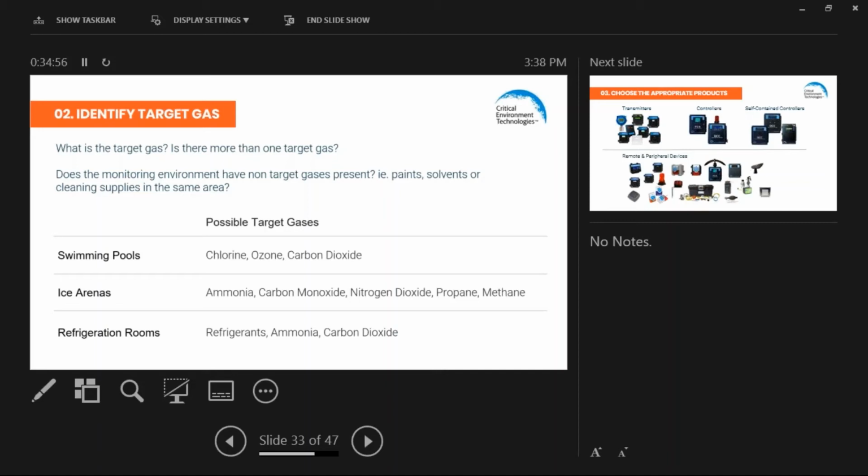Likewise, ice arenas: ammonia from the chiller room, carbon monoxide and nitrogen dioxide from the ice cleaning machinery. And that ice cleaning machinery may be propane powered or methane powered. Either one of those alternate fuels creates carbon monoxide that has to be monitored.